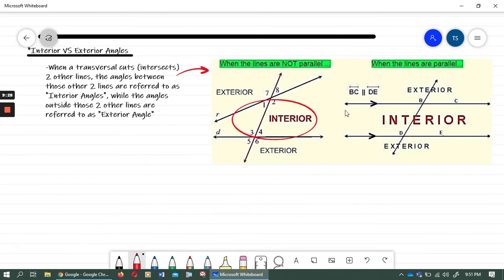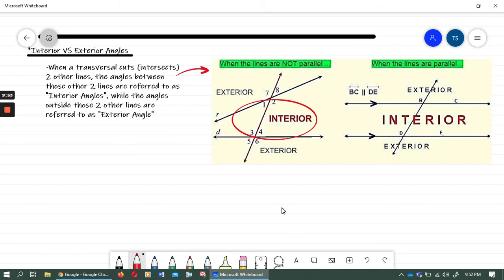But again, the angles that are inside or between those two lines are considered interior. So there are four interior angles when we have this setup with two lines and one transversal, and there are four exterior angles that are not between those two lines. Y'all see what I'm talking about.